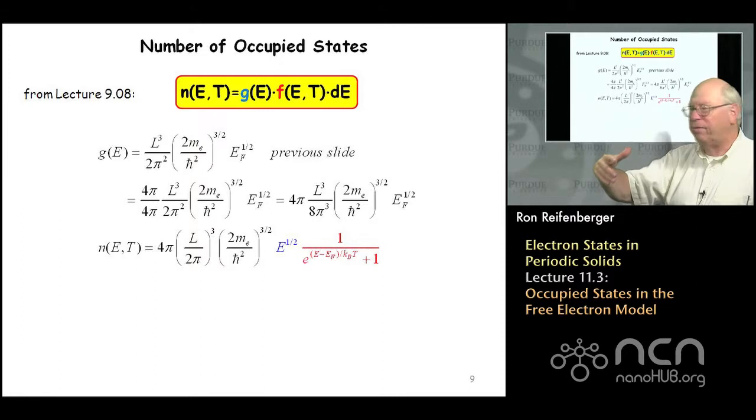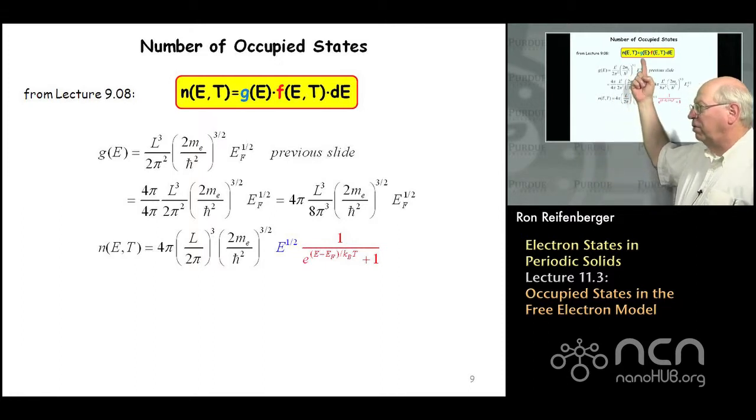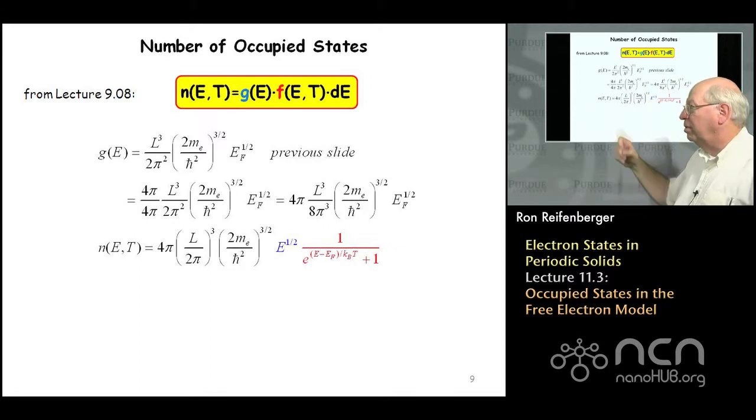Each system is going to have a different expression for G of E. You've got to multiply G of E by the probability that a particular state is occupied at a temperature T, and then you've got to multiply that by the energy interval that you're interested in. That's the dE. So G of E we've got from the previous slide.